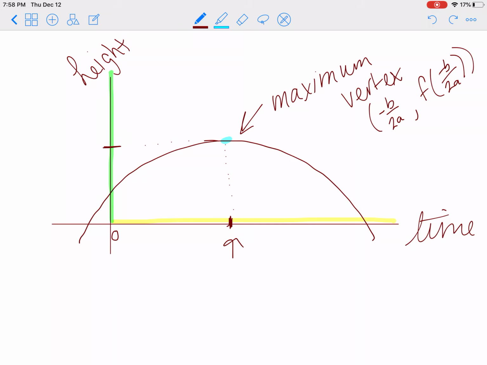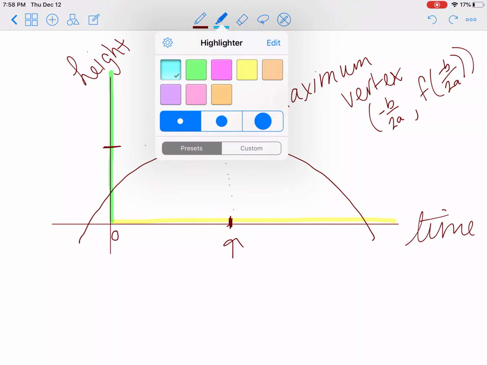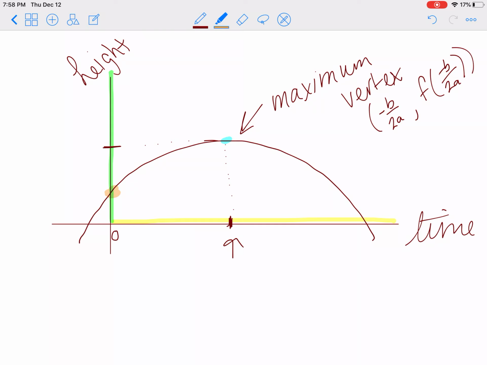Okay, other things that we can find from graphs like this: we can identify this place. This is the y-axis, but in our story problems, it might be something about how high the item was before it was maybe thrown or kicked or whatever like that. So the starting point, height, right? This is the c value.